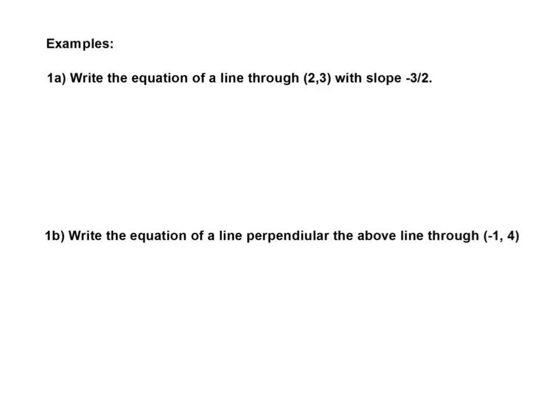All right, so if we do some examples where you need to write the equation of the line through (2, 3) with slope negative 3/2. We're going to use y minus y1 equals m times x minus x1, because it's a point and a slope, so use point slope form.